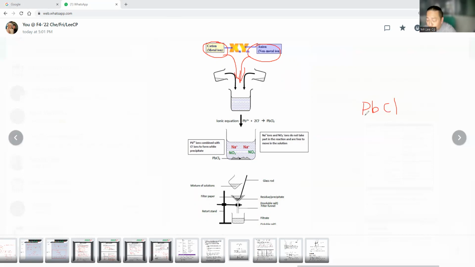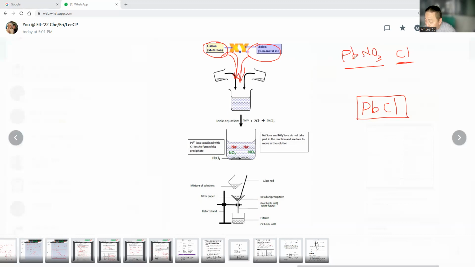We know that all chlorides are soluble except PbCl. So now you need to have a Pb salt and then a Cl salt, right? Pb something, PbNO3, let's say. It is soluble, right?